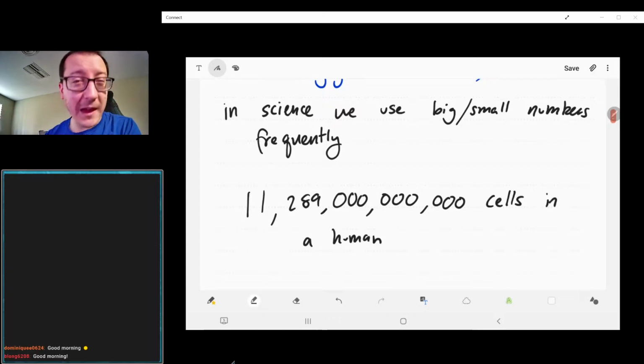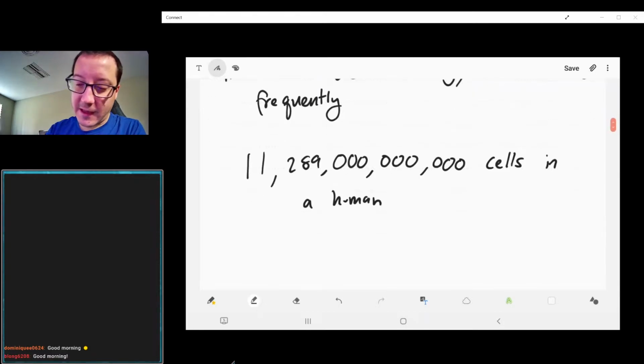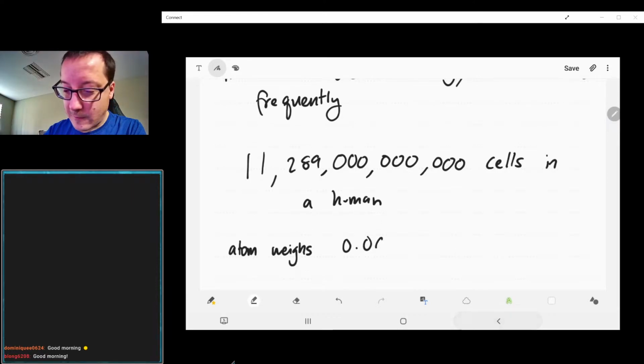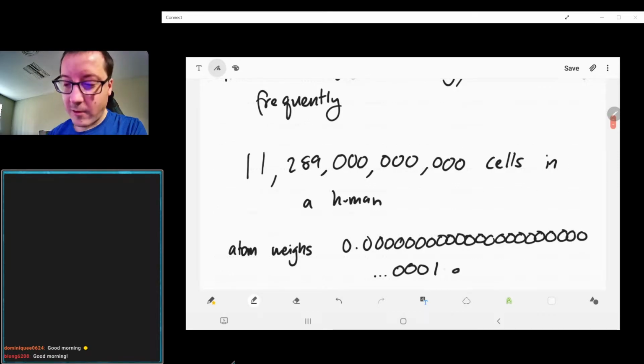Okay, again, I'm making this number up. It's somewhere in this range, trillions, but big number, right? Or we can say an atom weighs something like that, grams, where the zeros just keep on going.